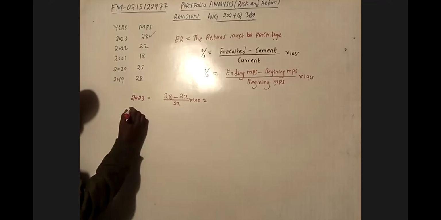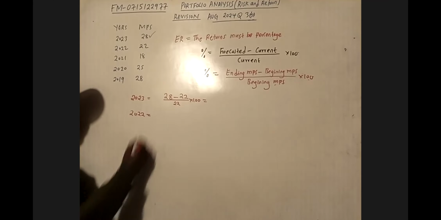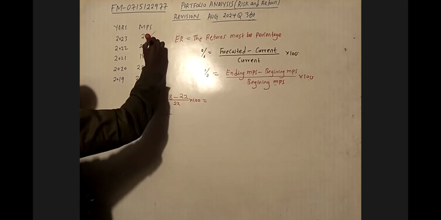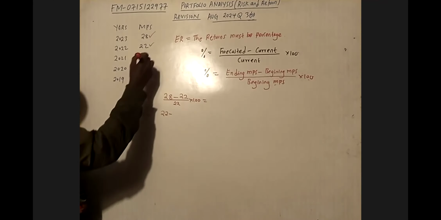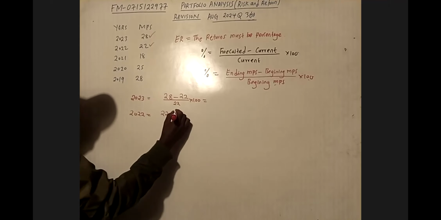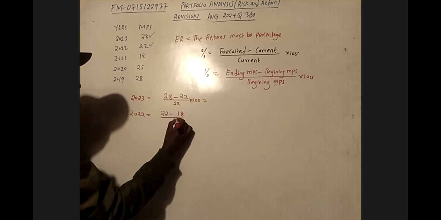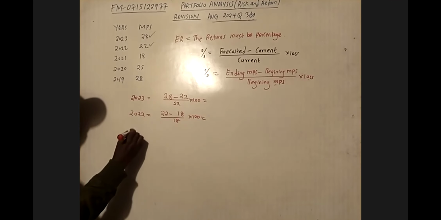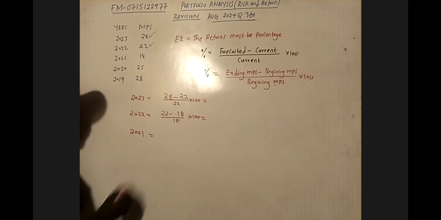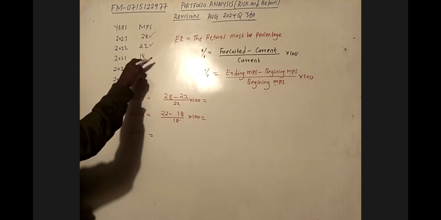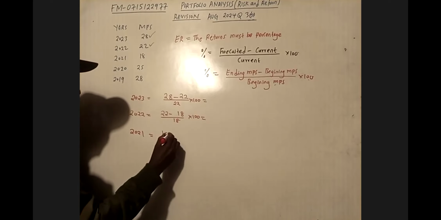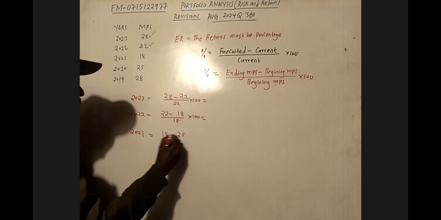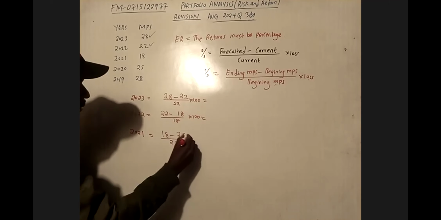If you compute for 2022, the ending is 22 shillings and the beginning is 18. You divide by 18 times 100. For 2021, the ending is 18 and the beginning is 25, over 25 times 100.